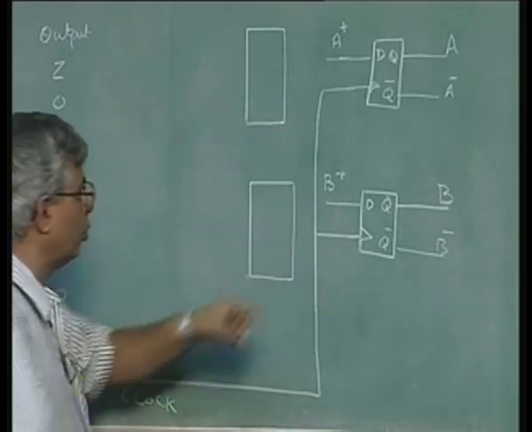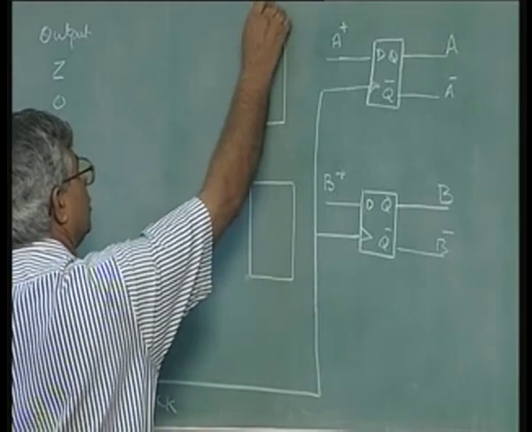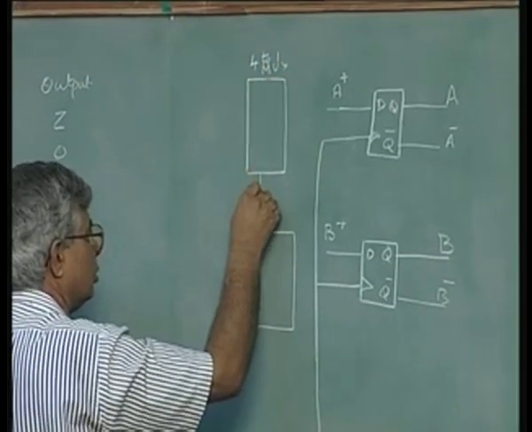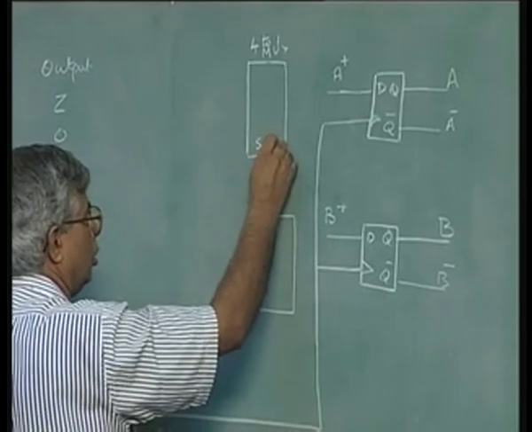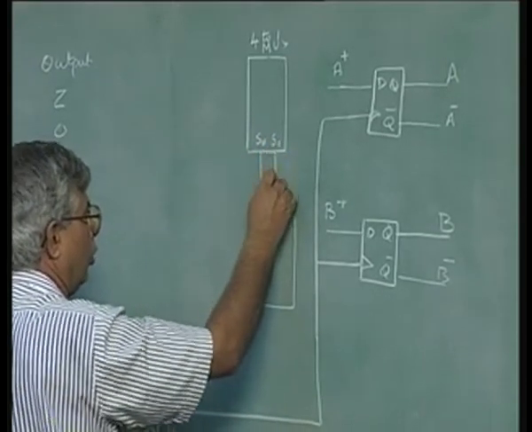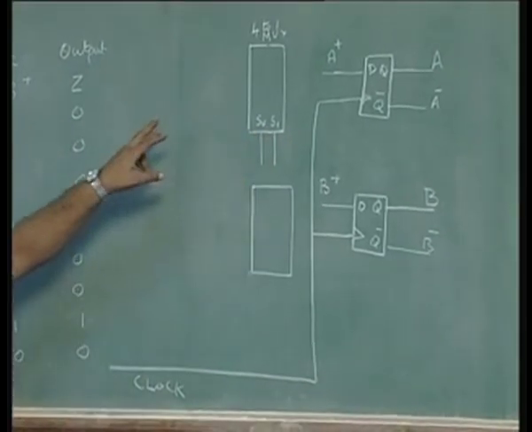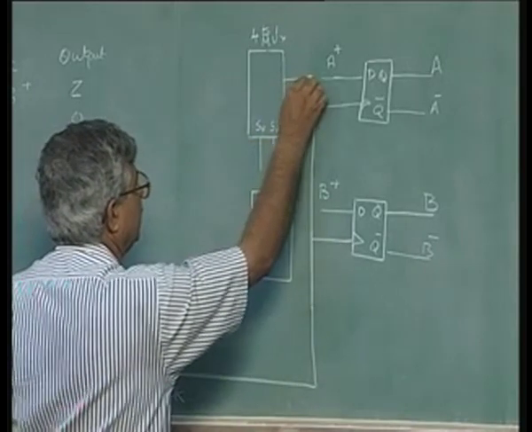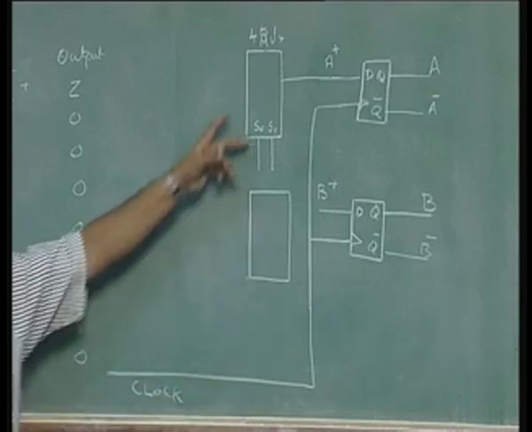So, if you have a 4 to 1 multiplexer here with 2 control lines, for each of the 4 states 0 0, 0 1, 1 0, 1 1, we can find out the next state.